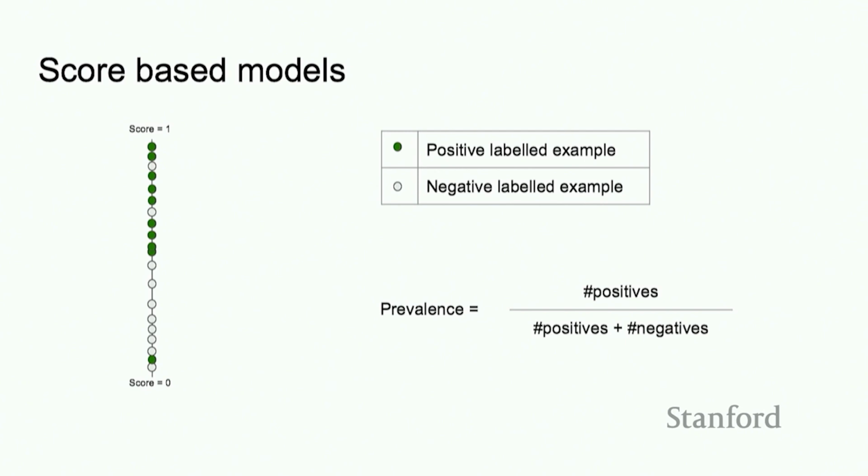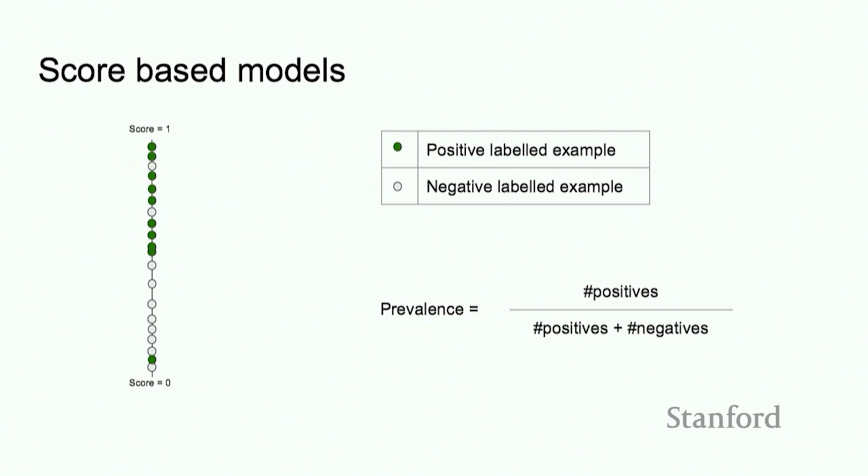And it's this prevalence term that allows us to decide whether we have something like a class imbalance problem. So a class imbalance problem is when one of the classes is either too many or too few relative to the other class. If out of 100 examples in your data set, 2 are positive and 98 are negative, then you generally call it a class imbalance problem.